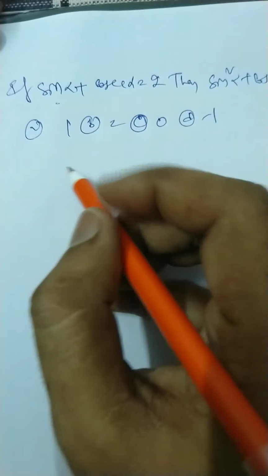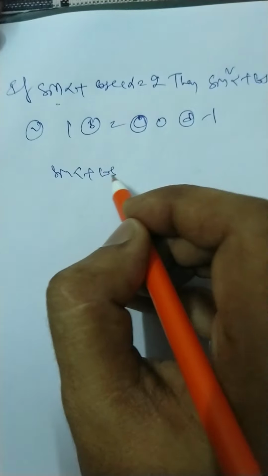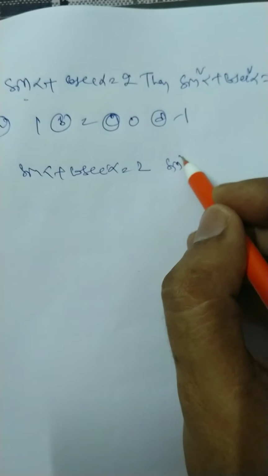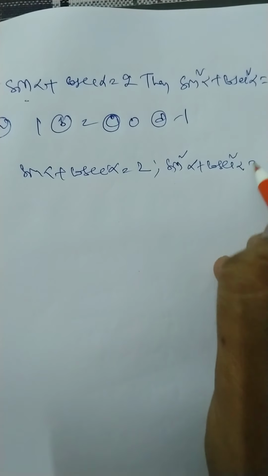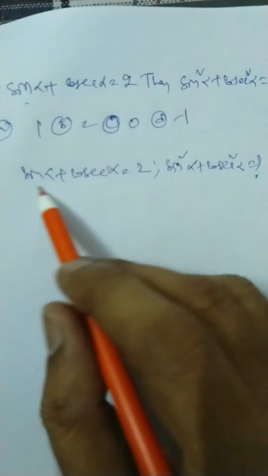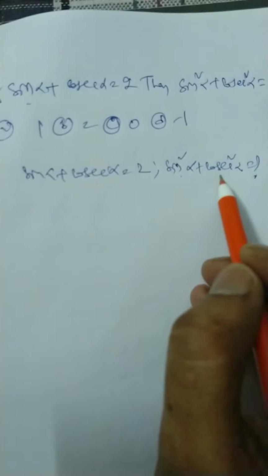So here you have been given sin alpha plus cosecant alpha equals 2, and you have to calculate sin square alpha plus cosecant square alpha. Here you have a plus b given, and need a square plus b square.